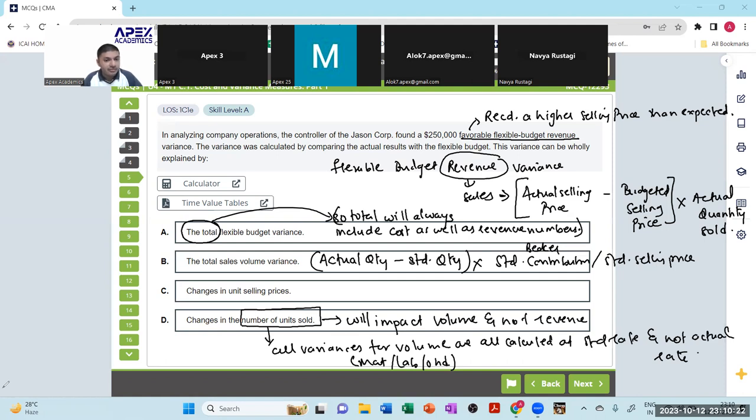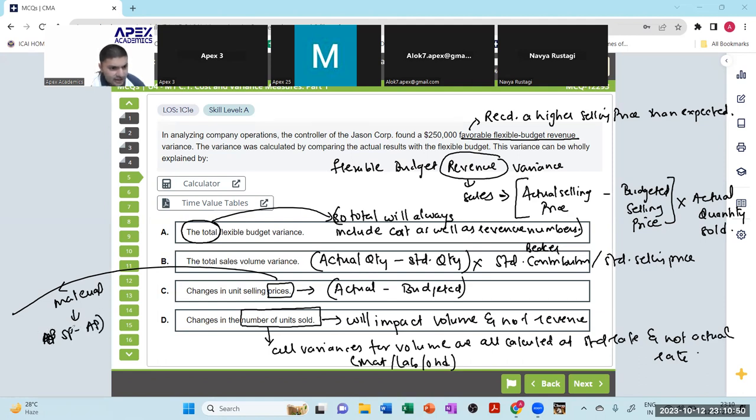Changes in unit selling prices. This makes sense. Actual minus budgeted. Whichever are the unit prices, where you use the word prices, whether it is material, it is standard price minus actual price.